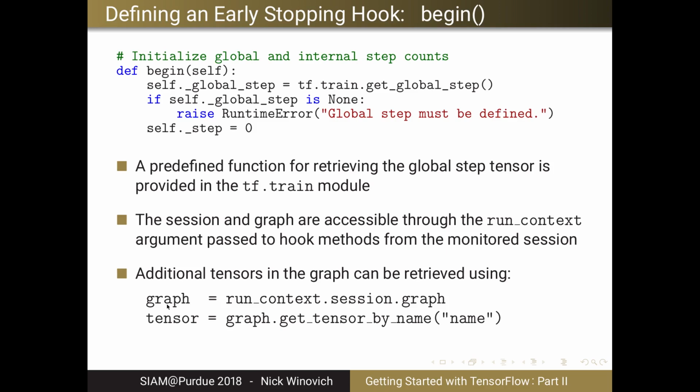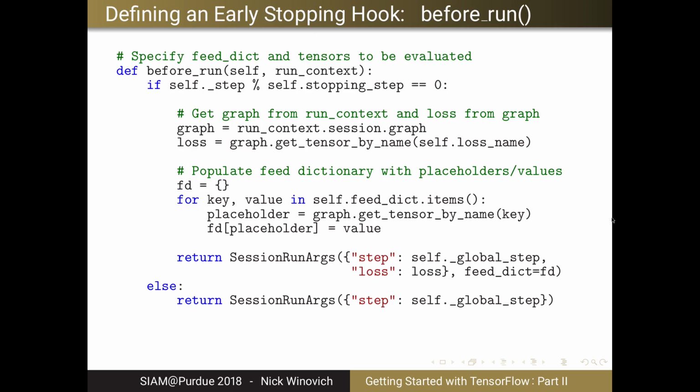And then from within the graph, you need to get the tensor by using the method getTensorByName of that graph. So just a note. Global step is easy to get because there's a predefined method. Other tensors can also be retrieved by name, though. So in particular, we'll use that in our before run.